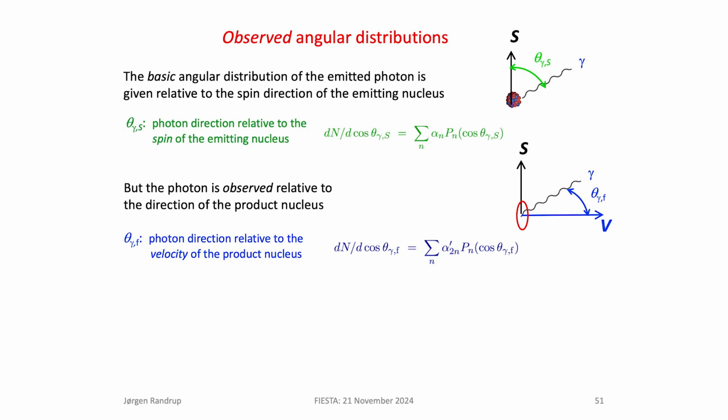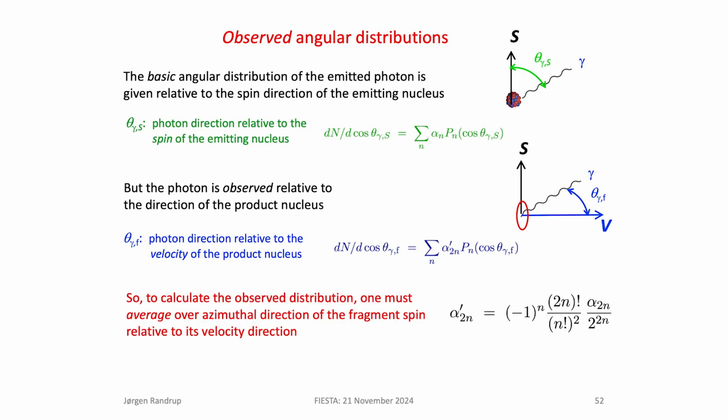So you can do a Legendre representation in terms of this angle, and also in terms of that angle. The coefficients are different, but if you average over the transverse direction here, then you can get a simple relationship. So this way you can actually predict what the distribution should be relative to the direction of motion.